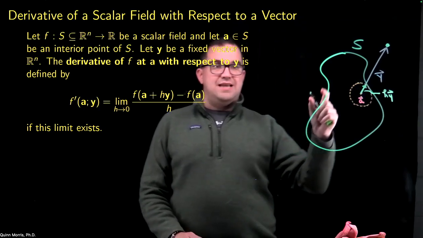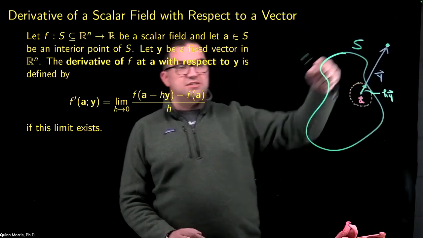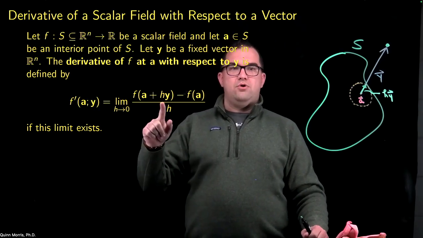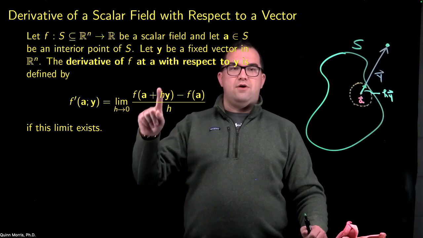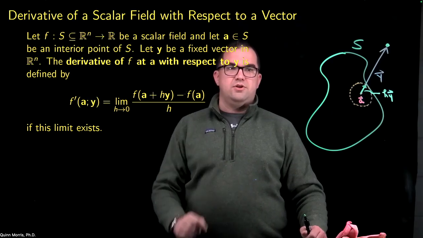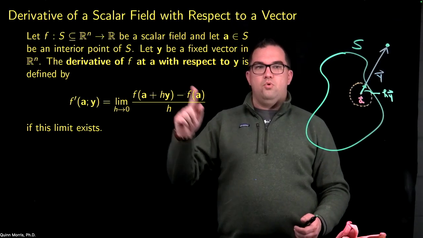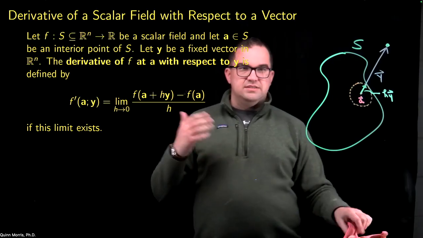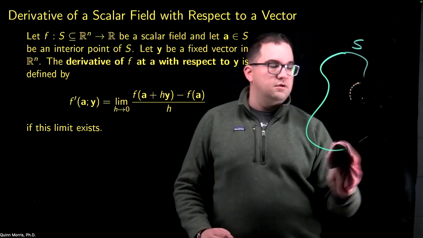But eventually A plus hY will be entirely inside this ball, and because this is an interior point, that ball is entirely inside S. So because A is an interior point, I know that there will be some positive value of h below which all other values A plus hY will be in the domain of S. So this interior point condition essentially makes sure that this will be well defined for all h sufficiently close to 0. So this definition is well defined, and we can actually use it to start calculating some derivatives.